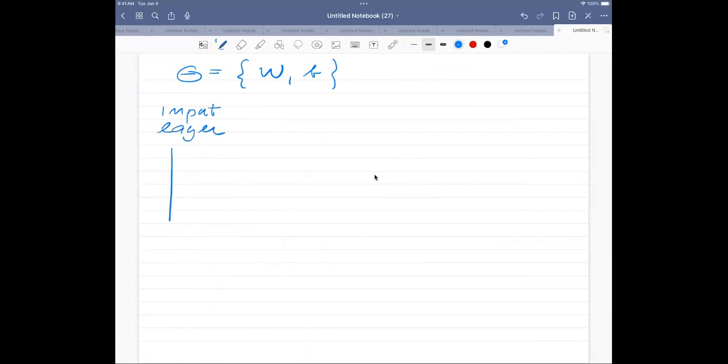And that will have a series of nodes or neurons or units. We can give them different names here. And so we could have up to xn input data. So this would be x1, x2, etc. So just to give you an example, if you're looking at an image, an image has a given number of pixels.